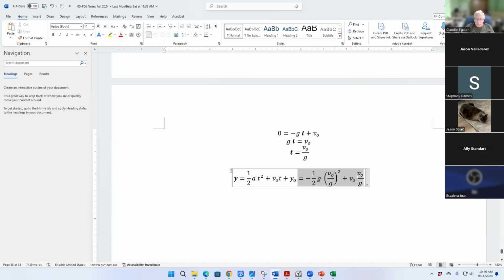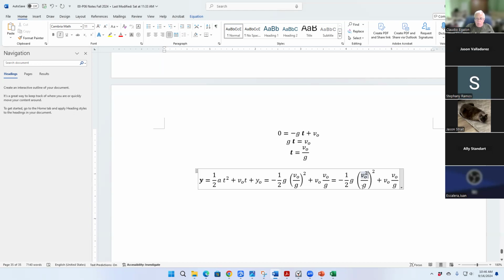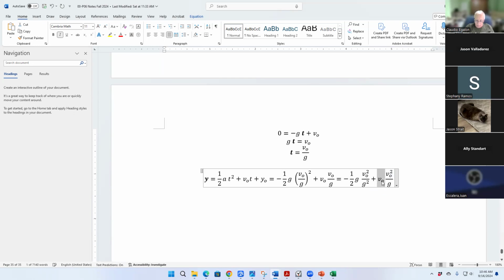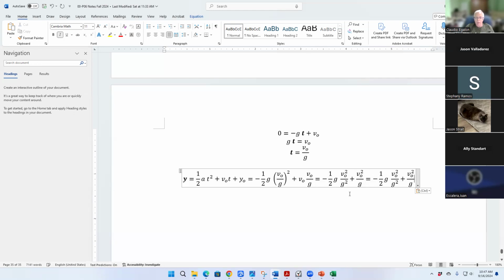And let's continue solving the problem. It is V naught squared over G squared. I'm distributing the squares. V naught with V naught becomes V naught squared. I get rid of this one. G here cancels with this other G. Let's see if I'm missing any questions from you.